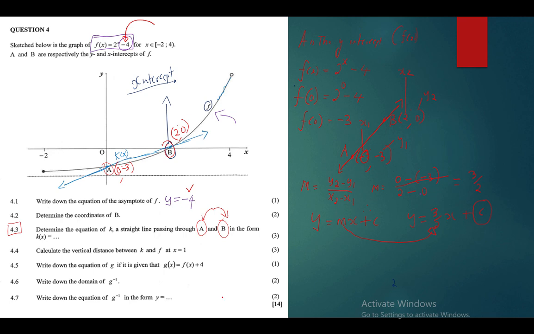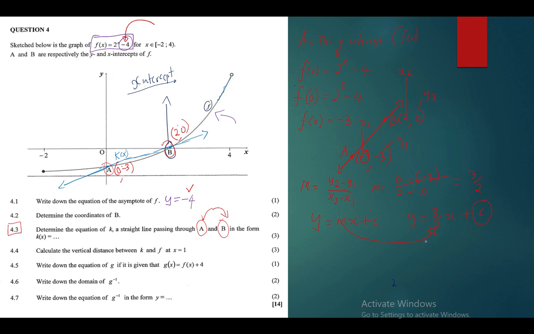How can you find c? Actually, I know that c is negative 3, but I want to show you how to find this c. You use any point on the line. You can use the point A or you can use B.